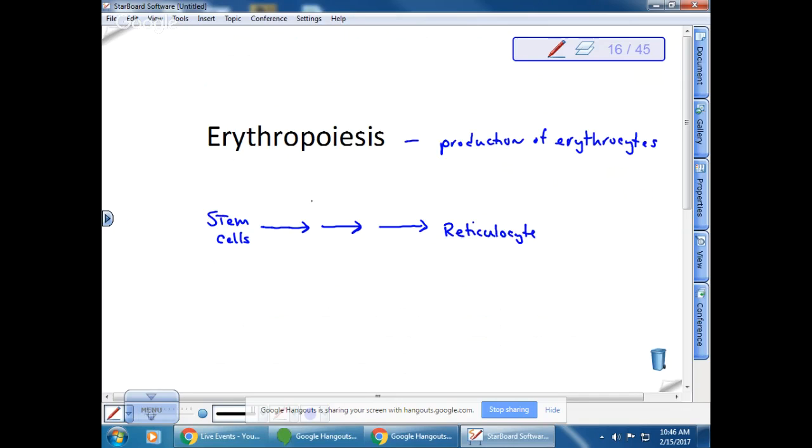Okay, so what I'm going to put here is this is specialization. And specifically, we have lots of ribosomes, because ribosomes are where proteins are produced, and these aid in the production of hemoglobin.